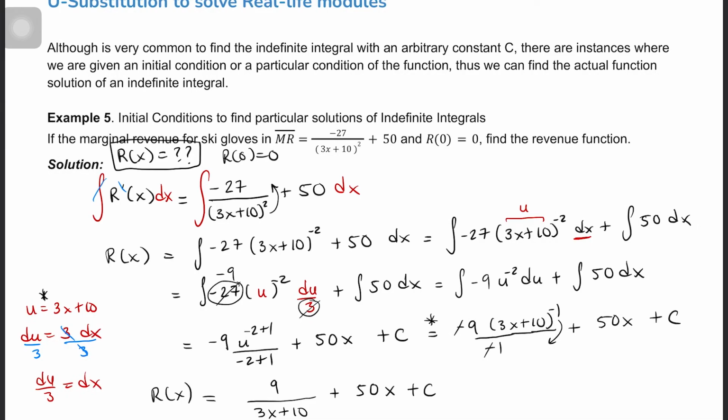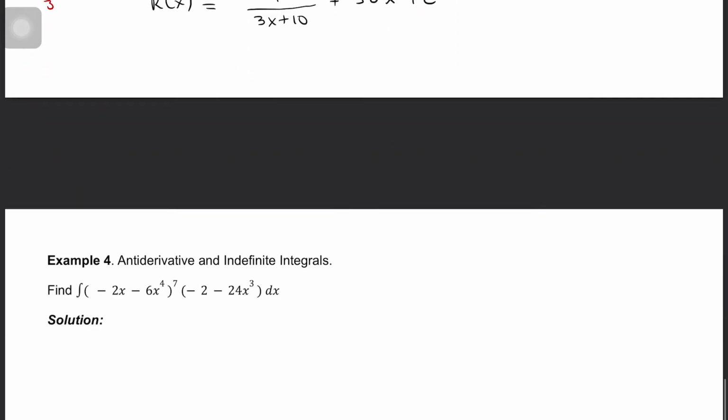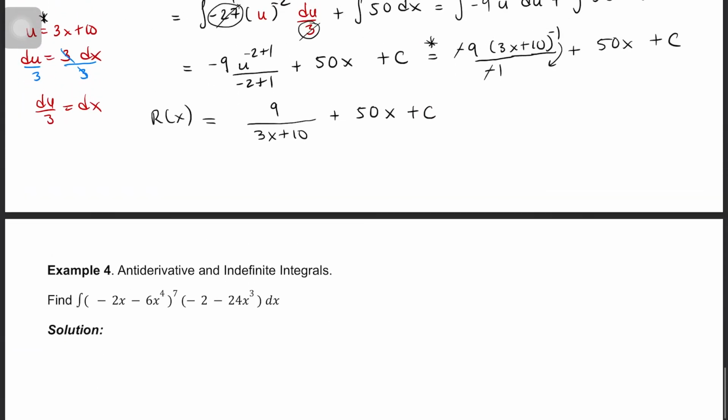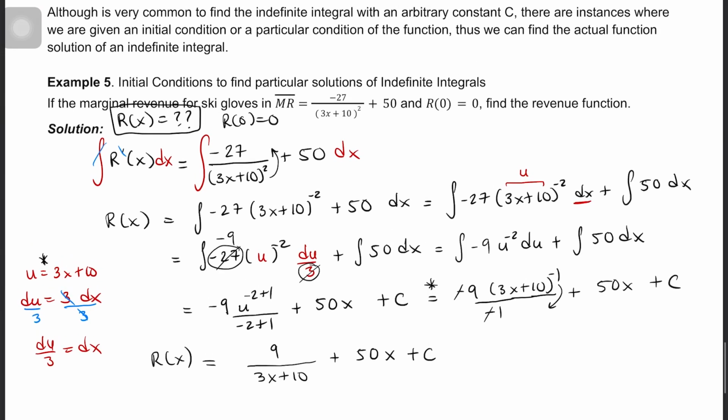We have found r of x, but this is not specific enough. We need to actually find the entire function, and since we're given something specific about the revenue function, we can use that to find the actual value of c. So let's go ahead and do that. Let's use r of 0.